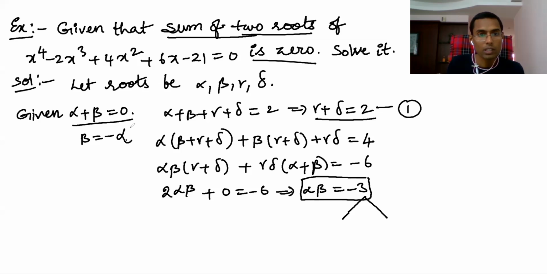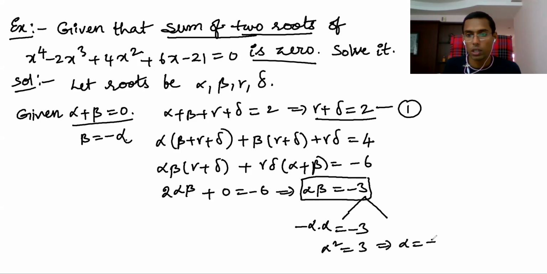In the place of beta, if you write minus alpha, then minus alpha into alpha equals minus 3, so alpha square equals 3. That means alpha equals plus or minus root 3. If alpha is plus root 3, then beta is minus root 3. So you got alpha and beta as plus or minus root 3.